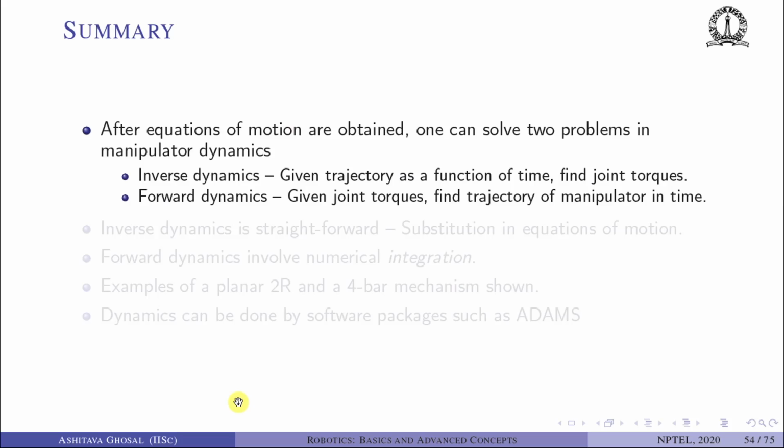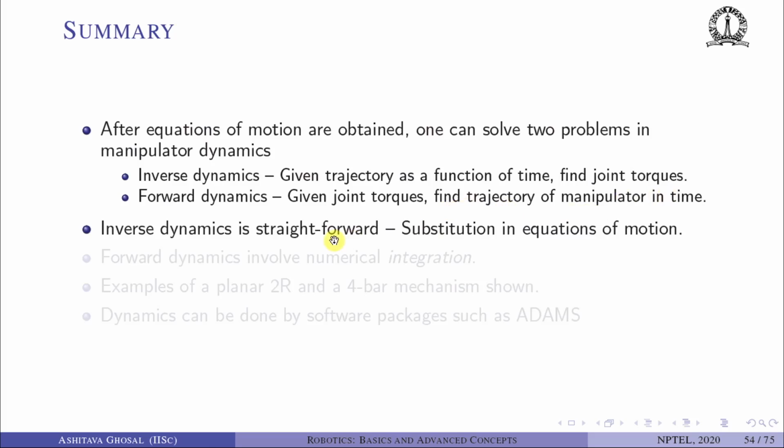So in summary, after the equations of motion are obtained, one can solve two problems in manipulator dynamics. First is inverse dynamics, which is, given the trajectory as a function of time, find the joint torques. Then we have forward dynamics or direct dynamics: given the joint torques, find the trajectory of the manipulator in time. Inverse dynamics is straightforward.